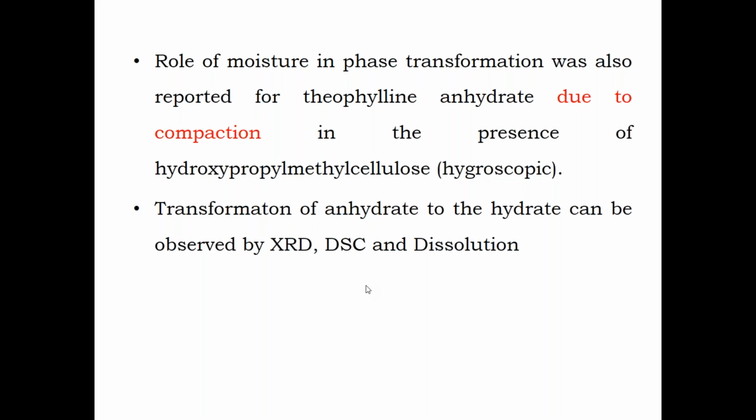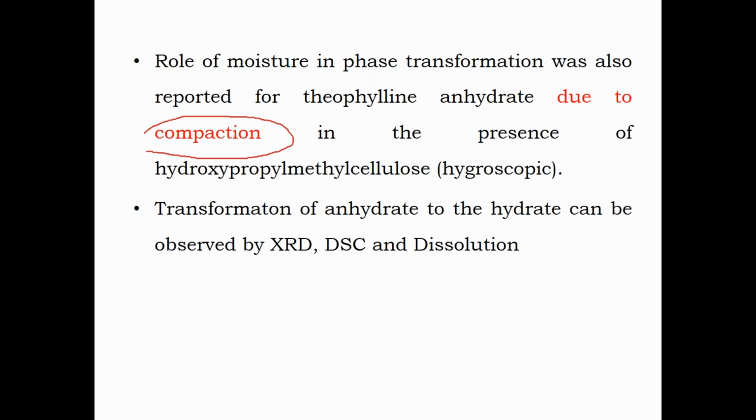So look at the next example. We know that moisture results in phase transformation, and the same thing was reported in theophylline anhydride, and this was happening more during the compaction process. So look, now the process is also coming into the picture. Previously, the carbamazepine example we just understood, those are two different examples; there also the moisture was playing its role.